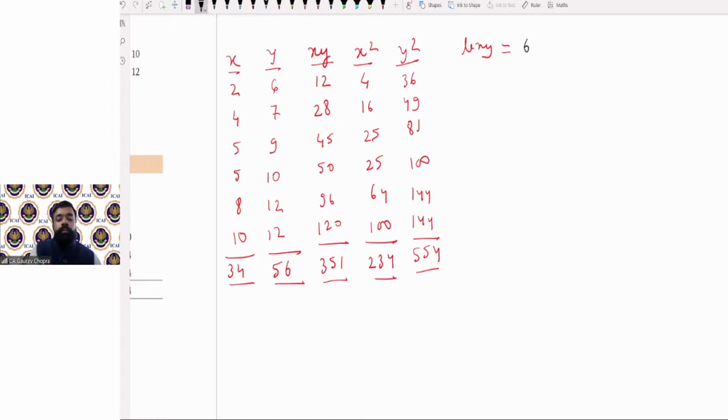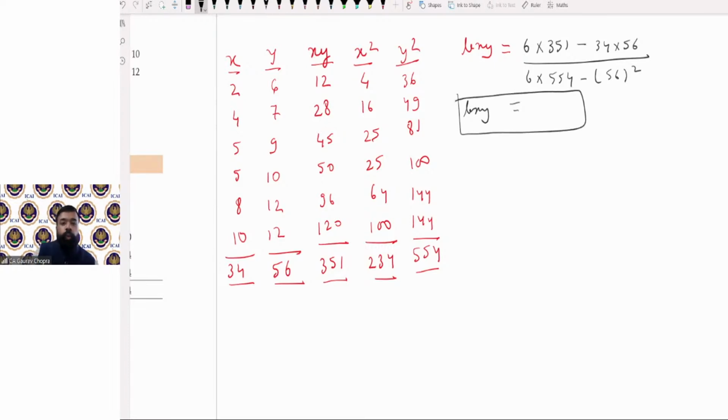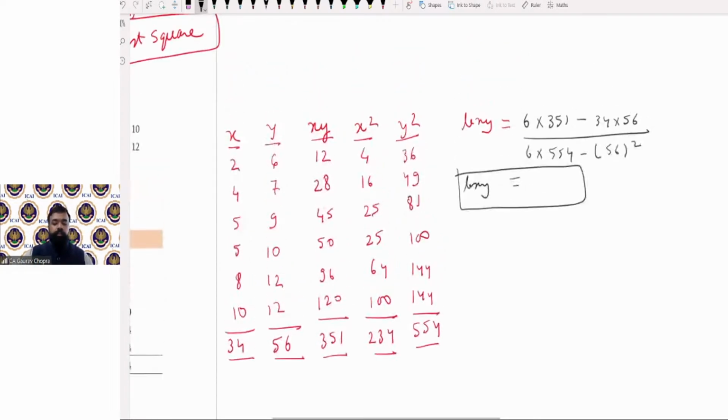6 sigma xy, multiply by 351, minus sigma x into sigma y, divided by n sigma y square minus sigma y whole square. So 56 whole square. Now you can simplify this and find the value of bxy. तो इससे आपका bxy की वैल्यू कैलकुलेट हो जाएगी.